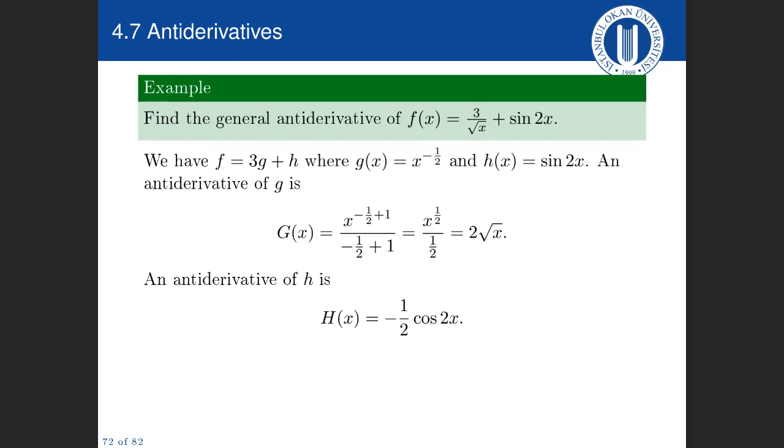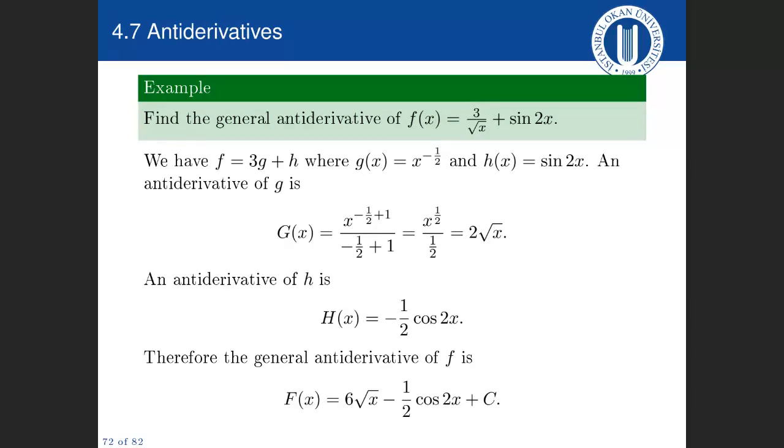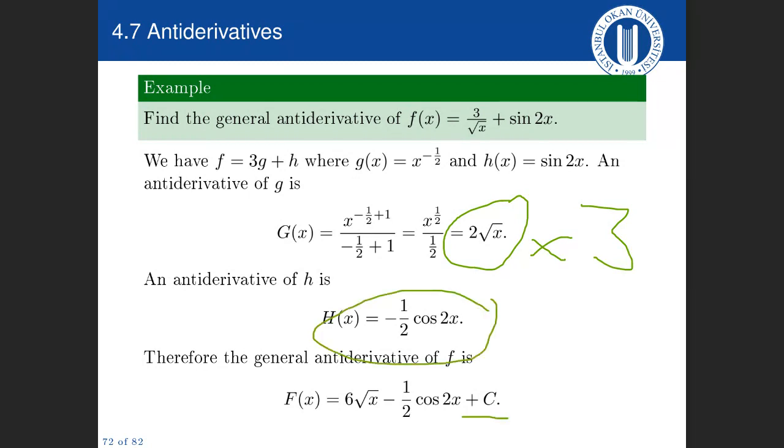An antiderivative of sine 2x is minus a half cos 2x. So the general antiderivative of f, take capital G and multiply it by 3, is 6 root x plus minus a half cos 2x, and then at the end we do plus c.